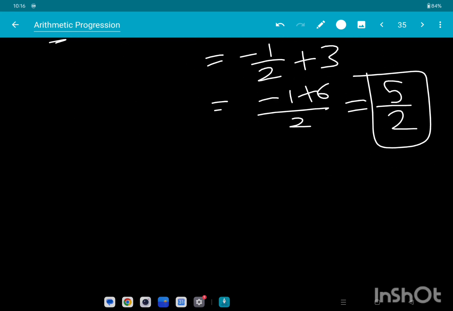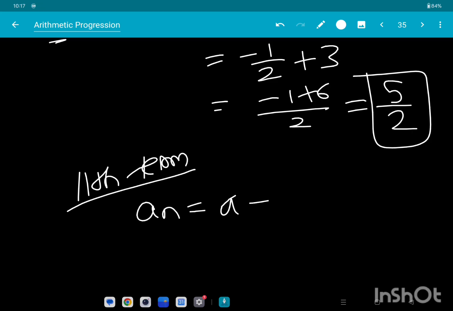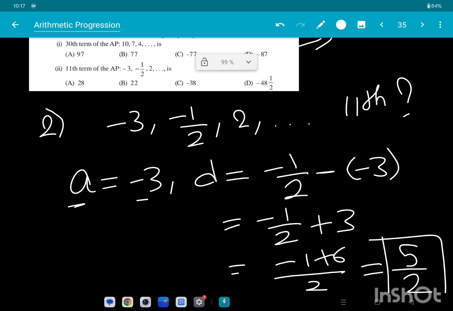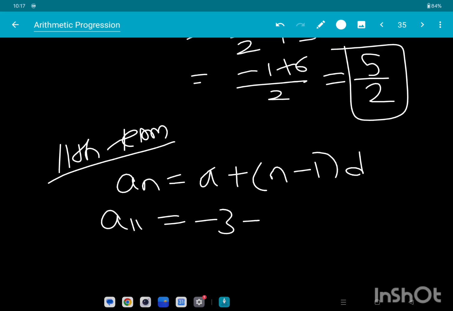Now we are going to find the 11th term. How can we find the 11th term? By using the nth term formula. So an is equal to a plus n minus 1 into d. a11 is equal to, what is the a value here? It was given the a value is minus 3 plus n, which is 11, minus 1 into 5 by 2.